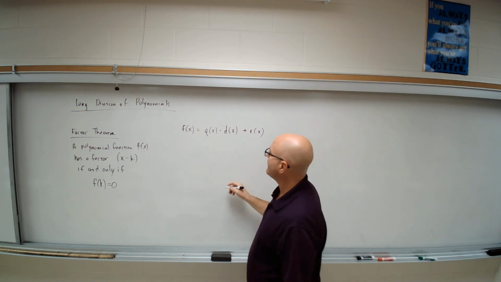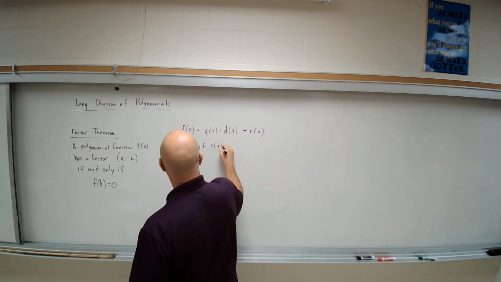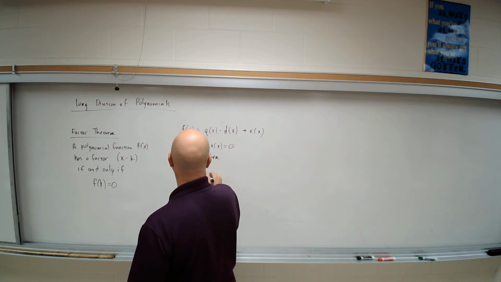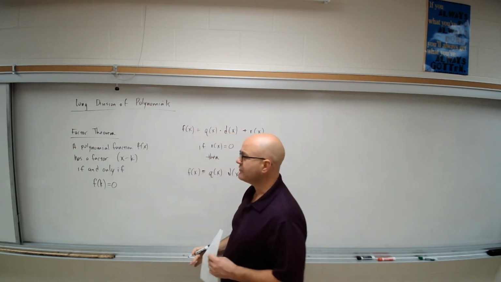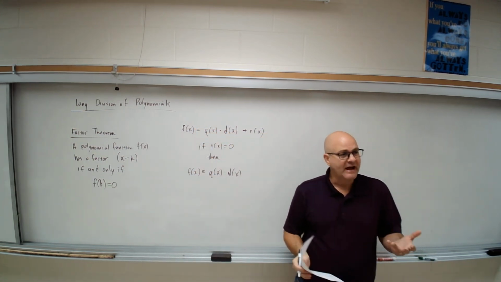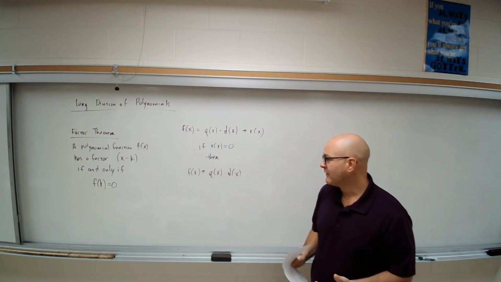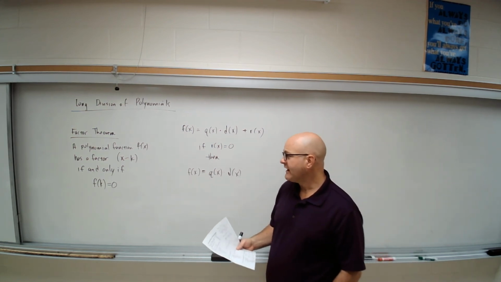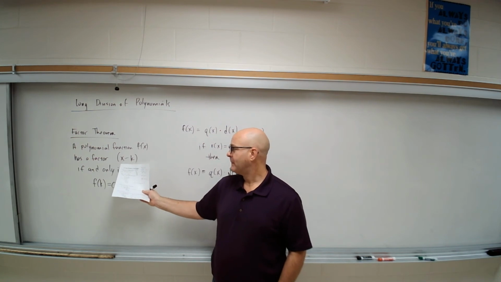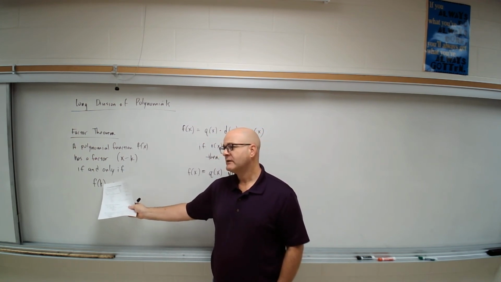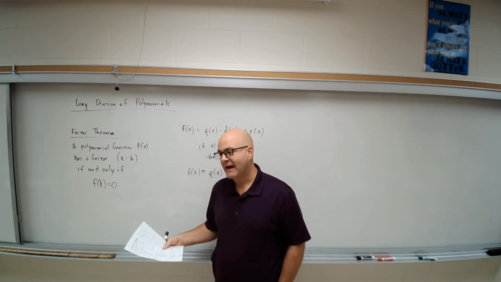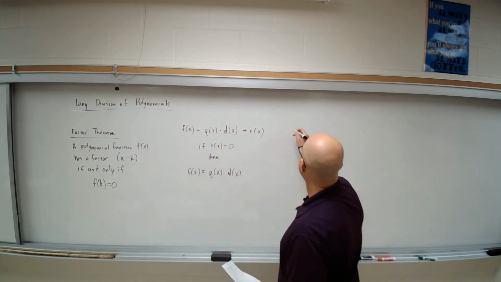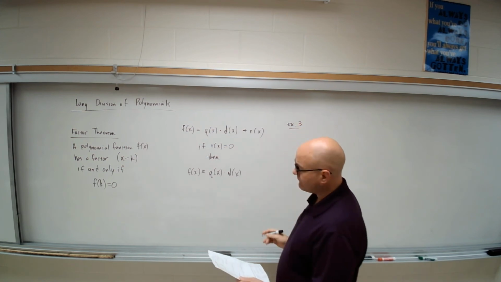But we notice that if r of x equals 0, then the original f of x is just going to be the quotient times the divisor. So actually, we can use division to help us factor things. Right? So what this tells us is, a related one is that whatever, if you put k into here and you get 0, it means that x minus k must be a 0 of that function, or must be a factor of that function. So for our third example here, see why we're worried about this stuff here.